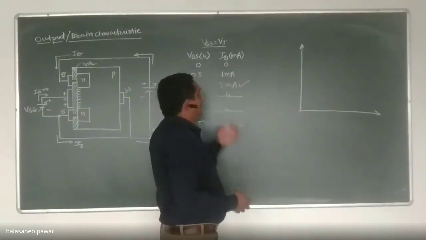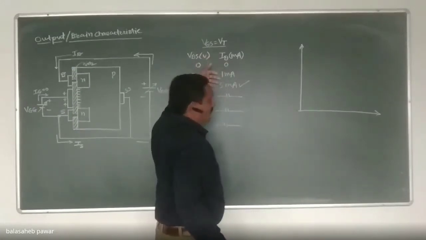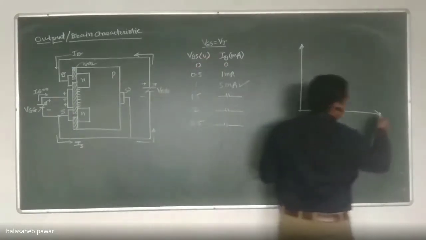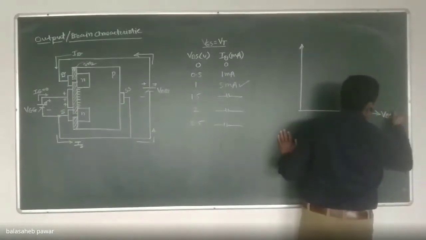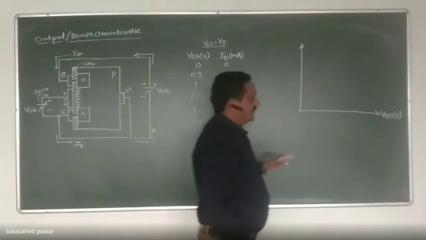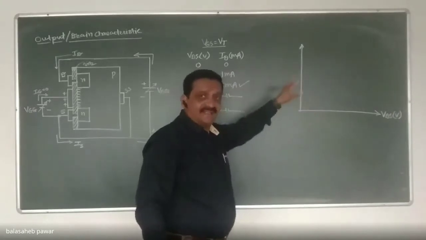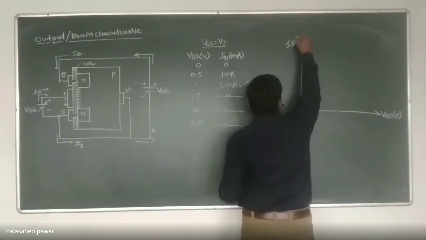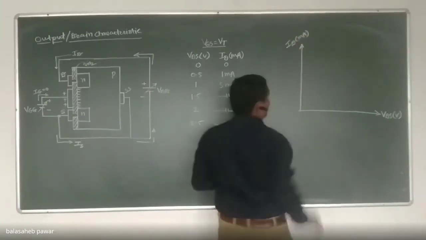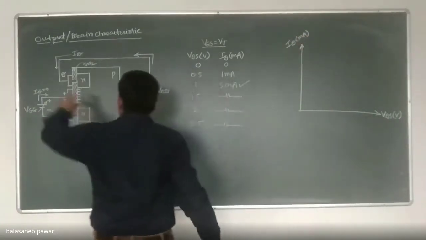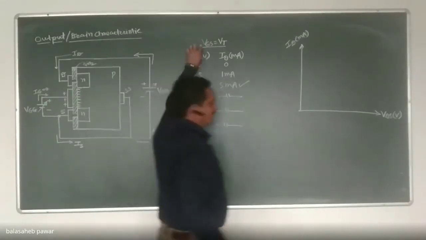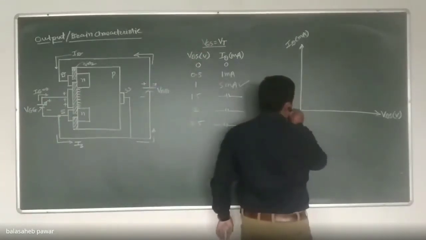The current that flows depends on the applied voltage, so on the x-axis I take VDS in volts and on the y-axis the drain current ID. First, for the first condition, when VGS equals 0 volt, that curve will be on the x-axis as it is.